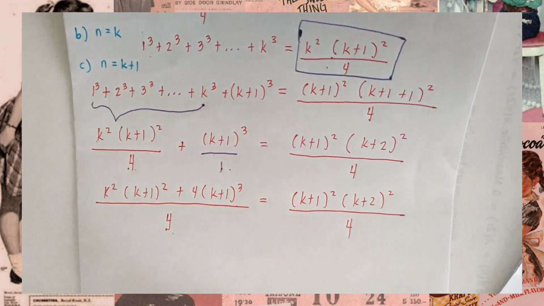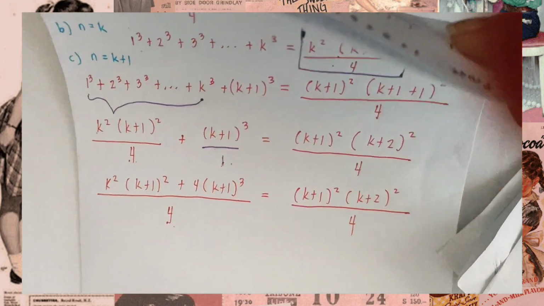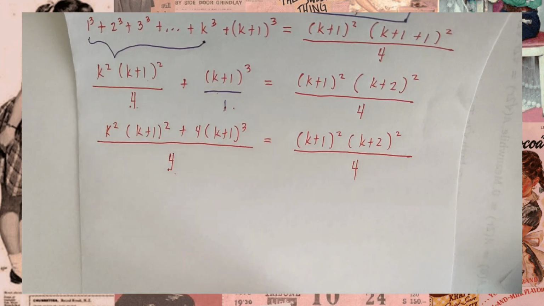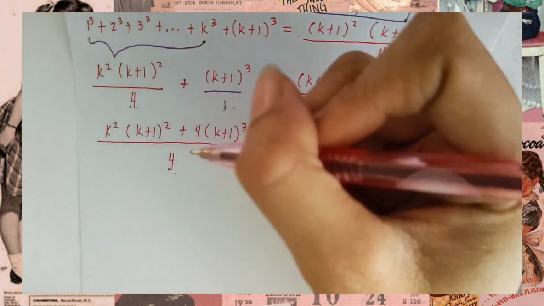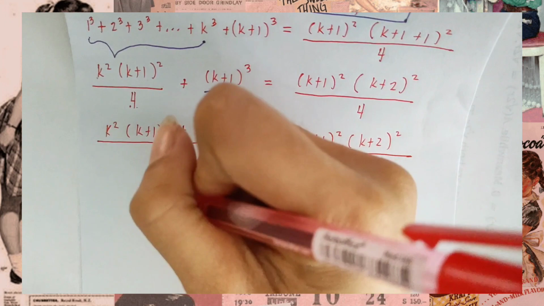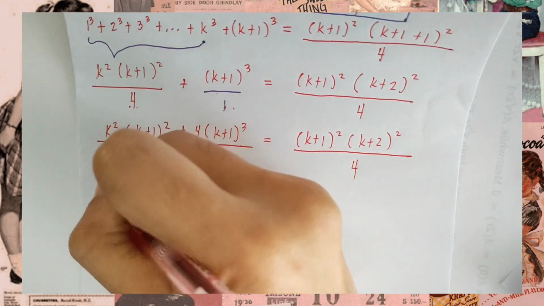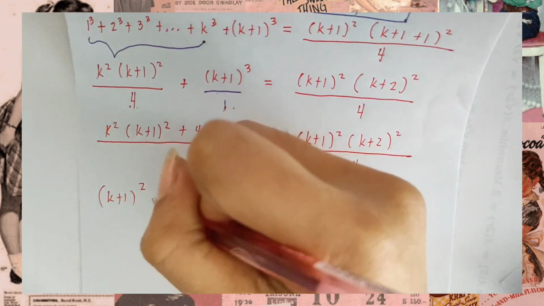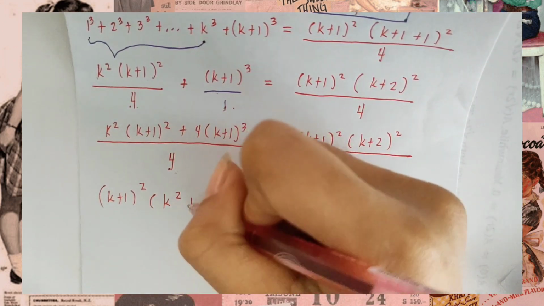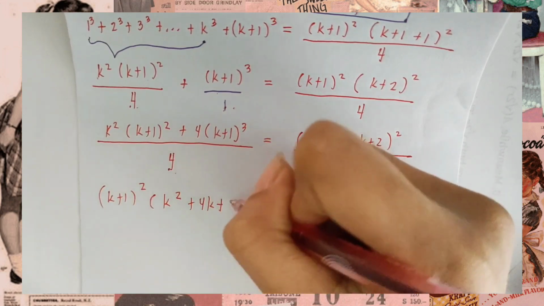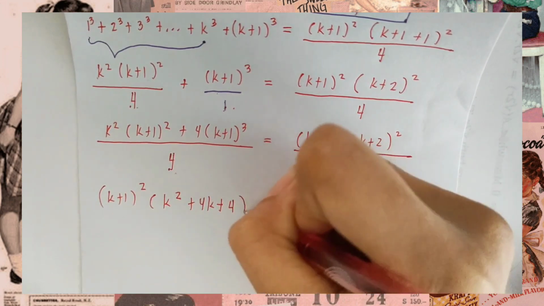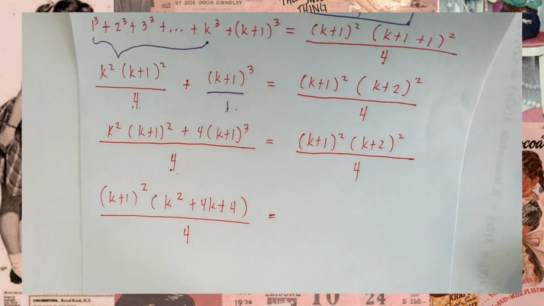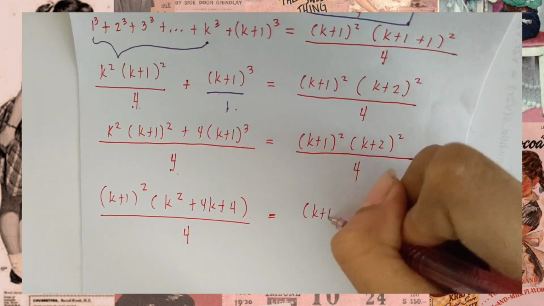over 4. Next, we need to factor k plus 1 on our left side of the equation. So the next step will now become k plus 1 squared times k squared plus 4k plus 4 all over 4. So copy your right side of the equation.